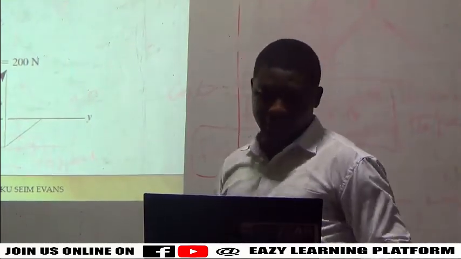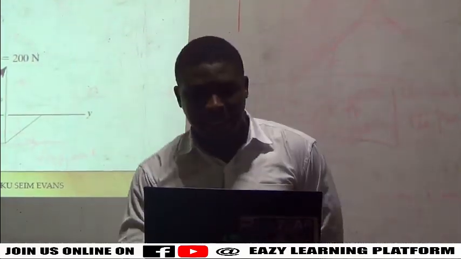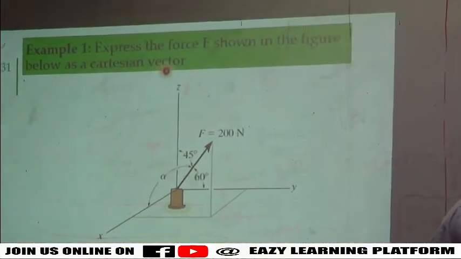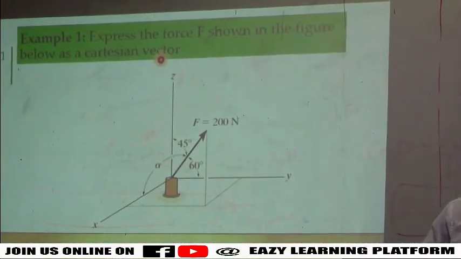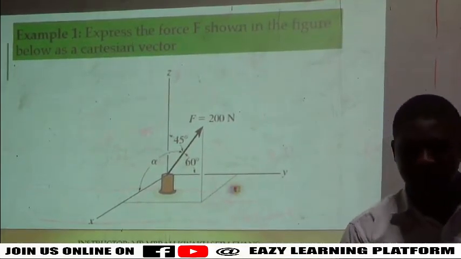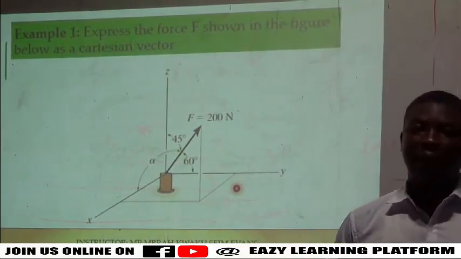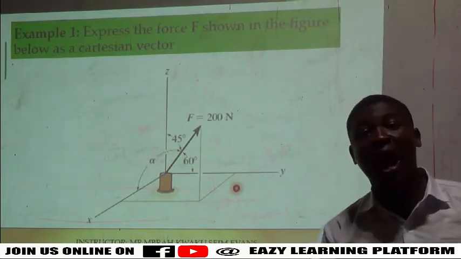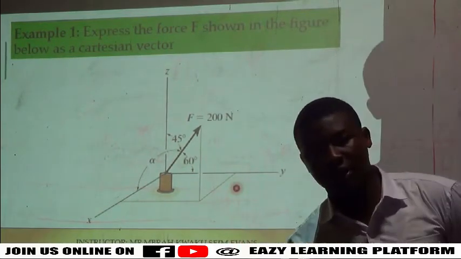Example number 1. Express the force F shown in the figure below as a Cartesian vector. So we have the figure here. We have to express it as a Cartesian vector. It means that we should find the force vector.